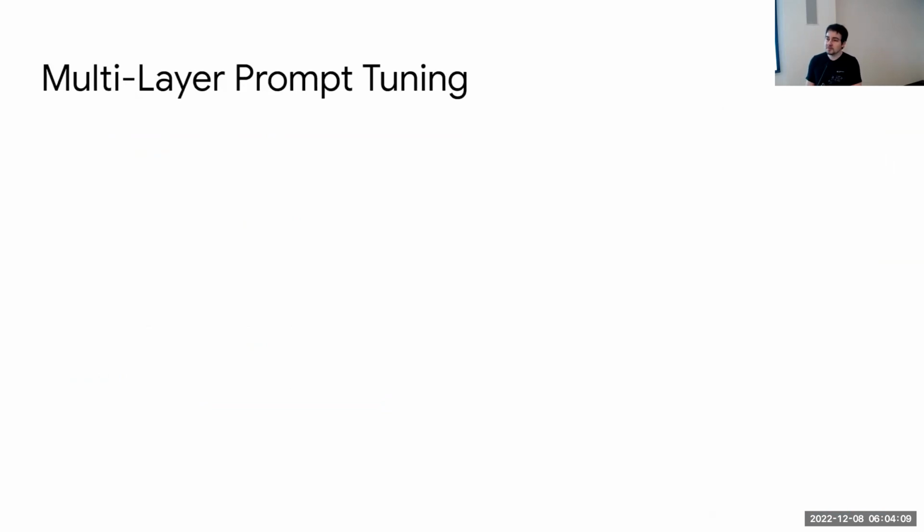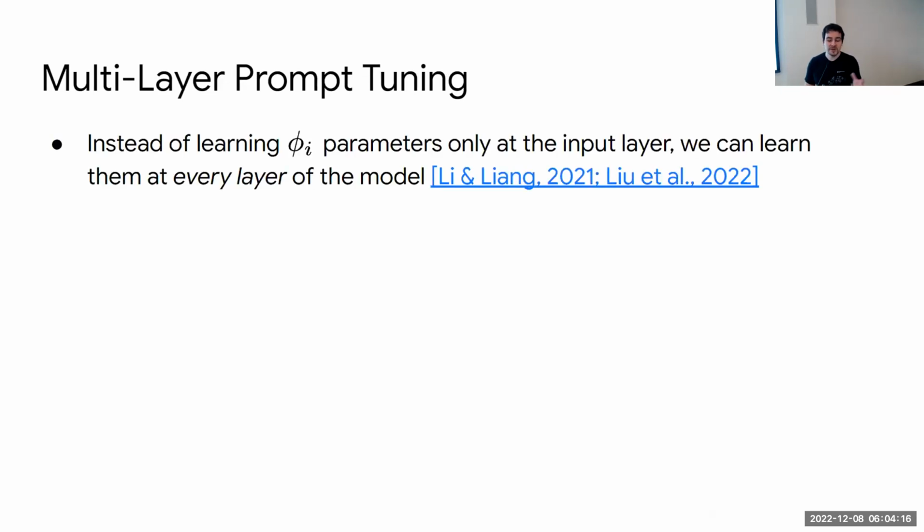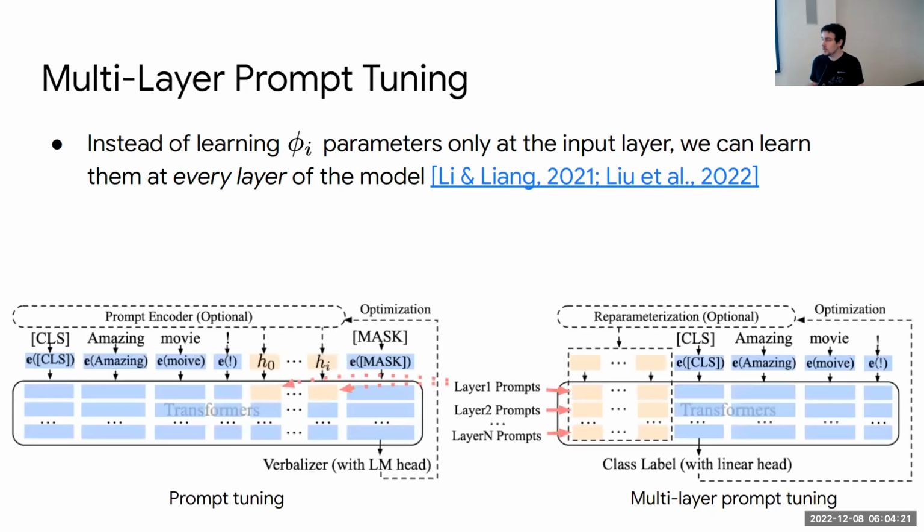However, there's one way you can still do prompt tuning and give more capacity to the model, which is by including the prompt not just at the input, but at every layer of the model. Here you can see this represented. In standard prompt tuning, we only add this predefined prompt, and we only get representations considered in the first layer of the model. All the subsequent representations of the model are conditioned and computed based on this initial representation that we can learn.